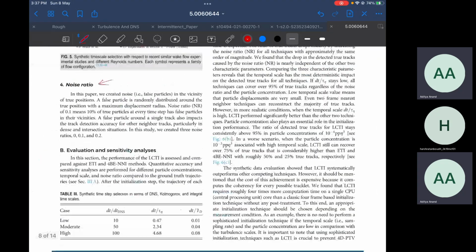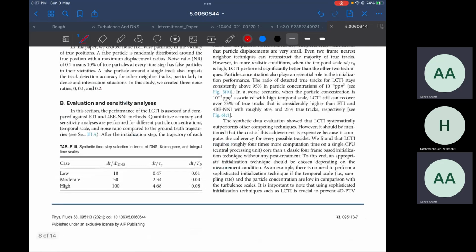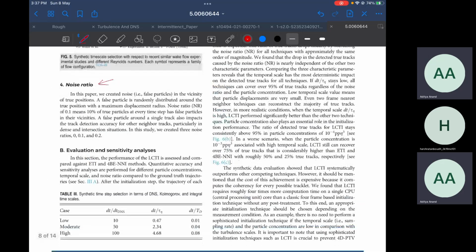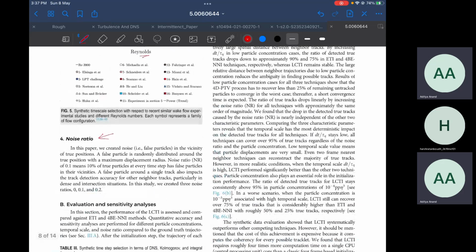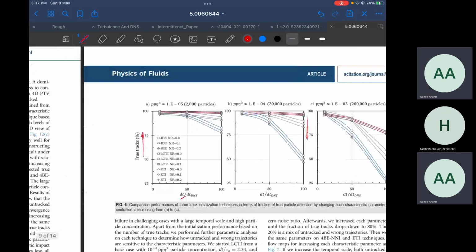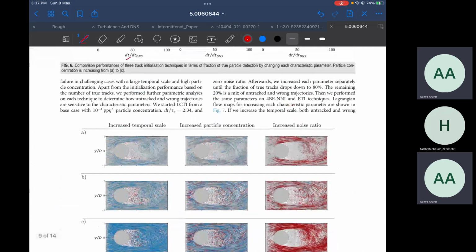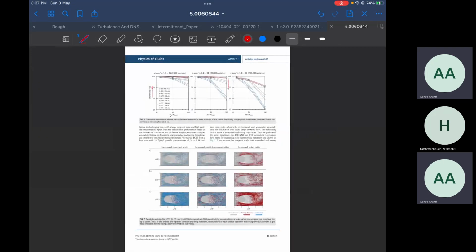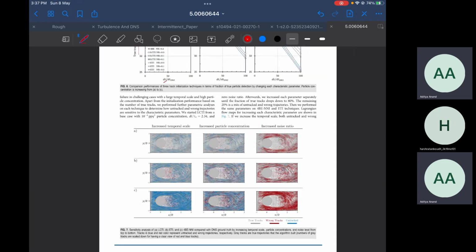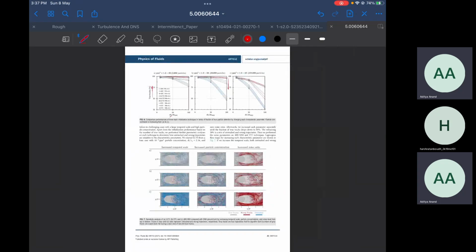Anyways, this paper is about the track initiation method, and how this new track initiation method that they have recommended performs.